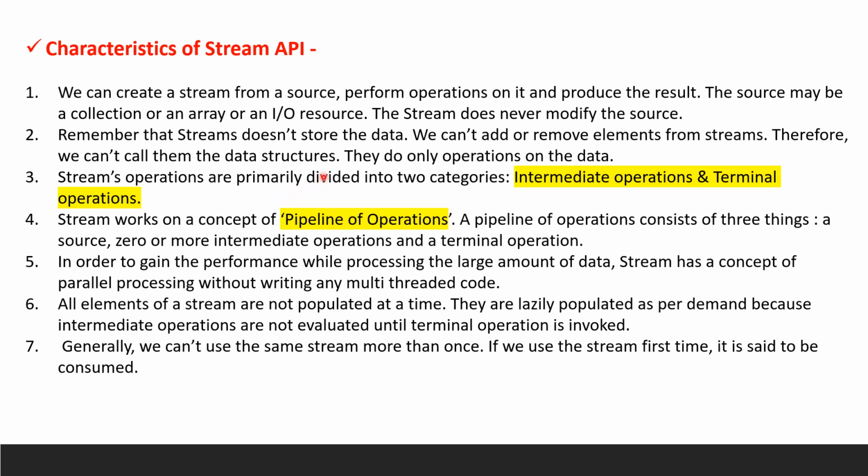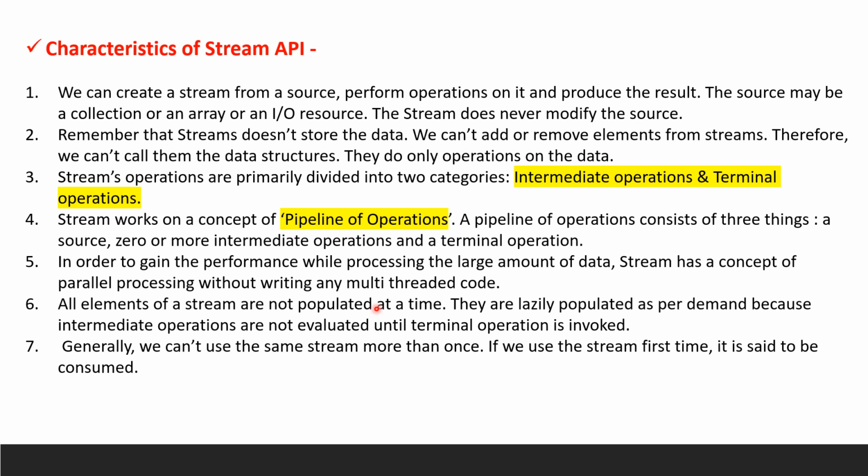Second, the stream does not store any data, nor does it add or remove any elements from the streams. It just does the operations, and so we do not call streams data structures. And streams are mainly divided into two categories: intermediate operations and terminal operations.